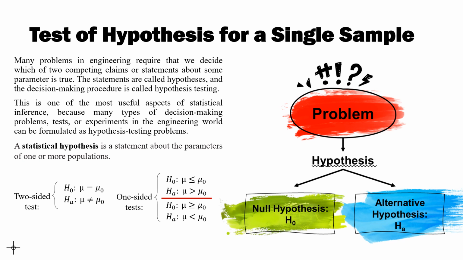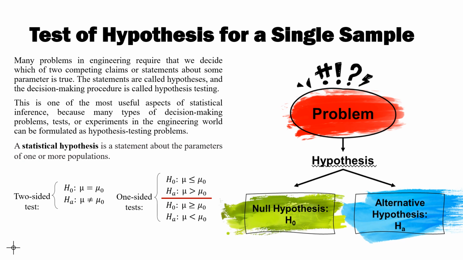This test examines deviations in both directions, meaning we are interested in values that are either higher or lower than the hypothesized value. For example, if you want to test whether the average weight of a batch of products is exactly 50 kilograms, a two-sided test will detect any deviation, whether the weight is more or less than 50 kilograms.